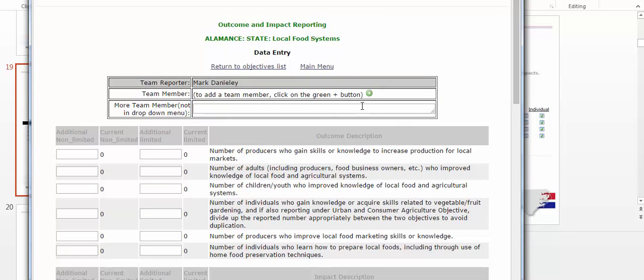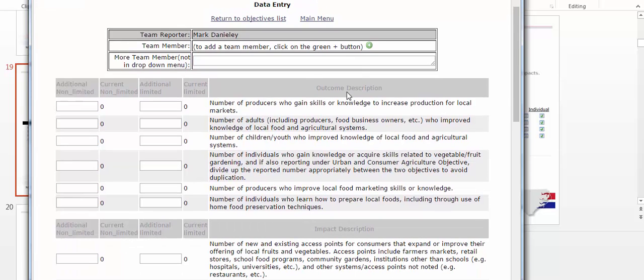This is a local food system, and if you wanted to add members who have Unity IDs, you can add them in right here to add them as part of the team. If it's a member who does not have a Unity ID, maybe an outside person or whatever, you can add them in here in the drop-down menu.